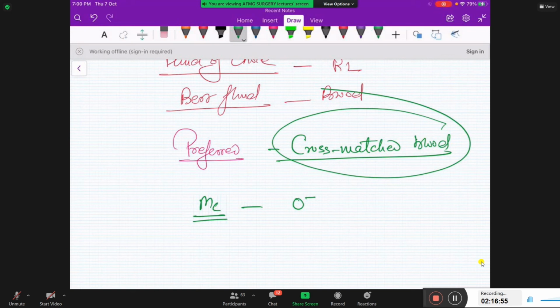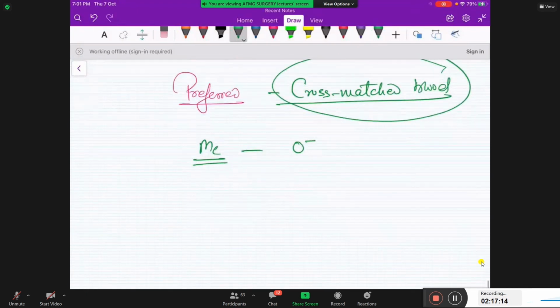But if the language of the question is such, which of the following will you prefer in trauma resuscitation? We always prefer cross match. Because the moment cross match blood gets ready, I will not be giving O negative, I will be giving cross match blood. Understood? Right? Now, till the time cross match blood is getting ready, we will give O negative blood. So most commonly given blood is O negative, but preferred blood is cross match blood.